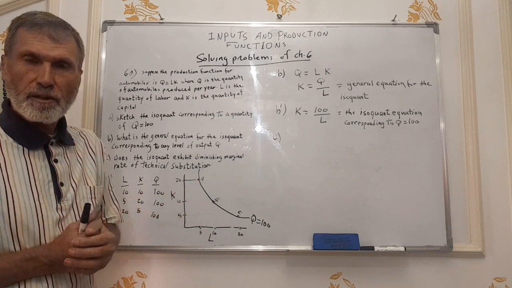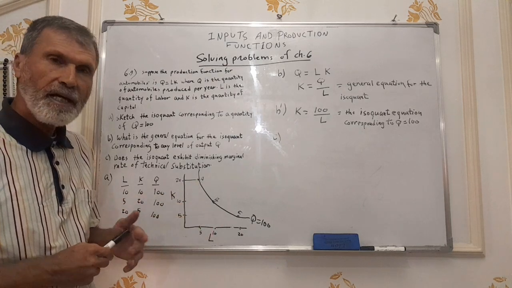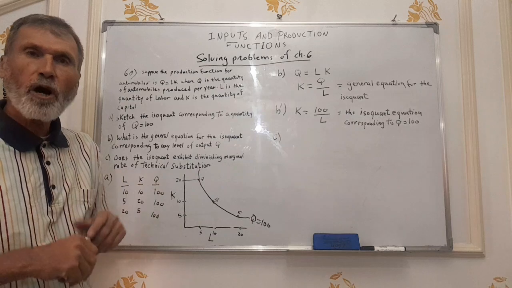Another way we can prove this is that the isoquant is bowed in toward the origin.